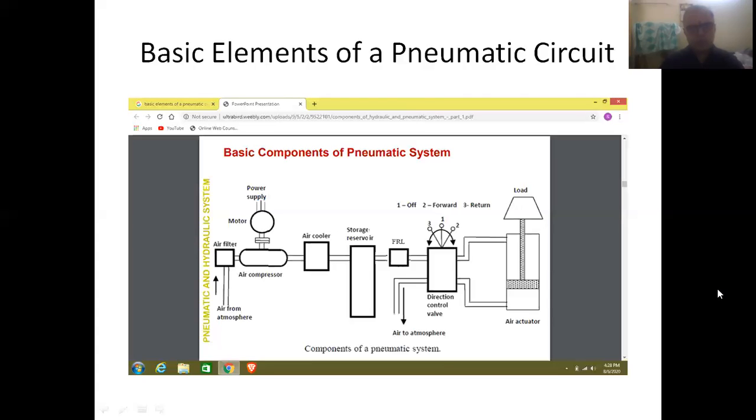If you switch on the motor, initially the motor will convert electrical energy into mechanical energy of the shaft, and finally the compressor will convert the mechanical energy of the shaft into pressure energy of air.